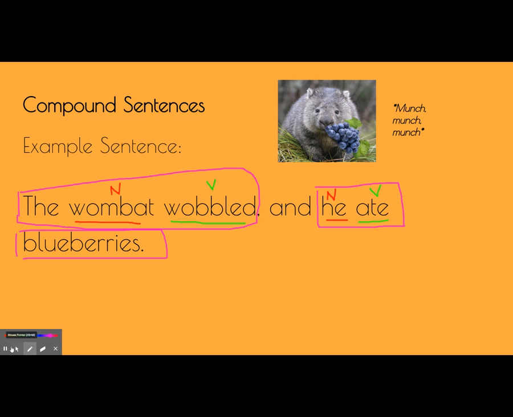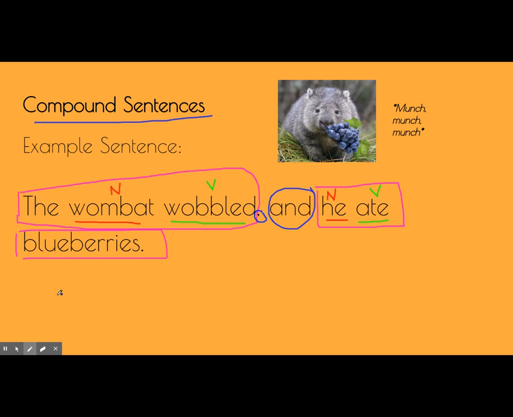If you want to combine those two sentences together, you need to turn them into a compound sentence. And the simplest way to do that is to add a comma and add one of these fanboys words. So we could have this be two separate sentences. We could say, okay, the wombat wobbled, period. He ate blueberries, period.